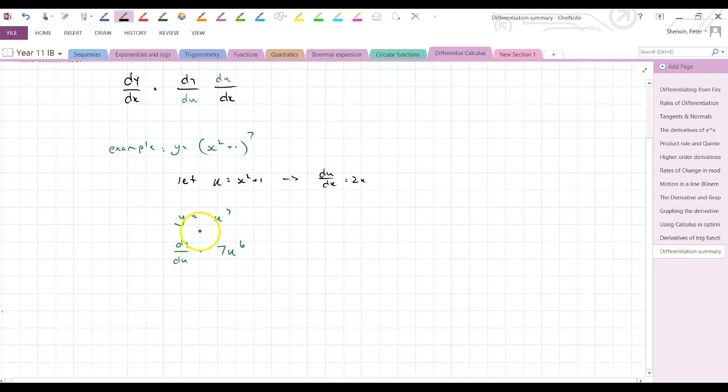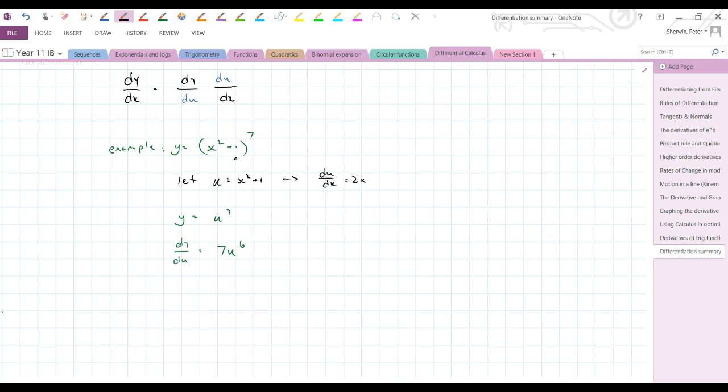So my dy/dx is going to be this dy/du by this du/dx. So that's why we end up multiplying always by the derivative of the function. In this case, it's the x squared plus 1. If we're taking sine of 4x, that's why we multiply by the derivative of 4x, or 4, and we'll look at that in a moment.